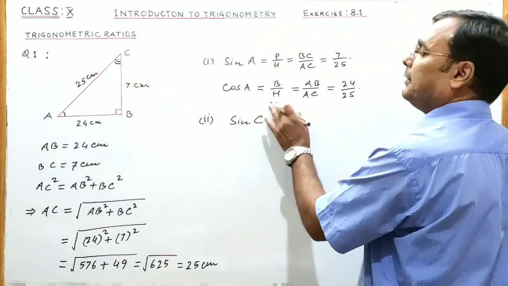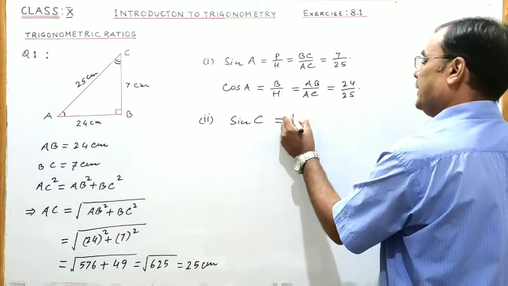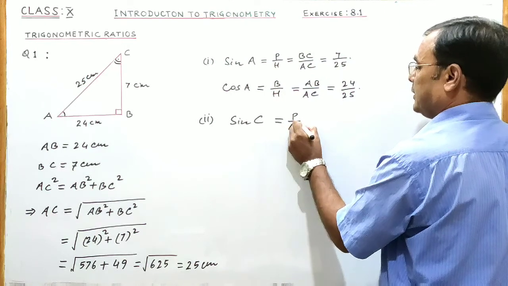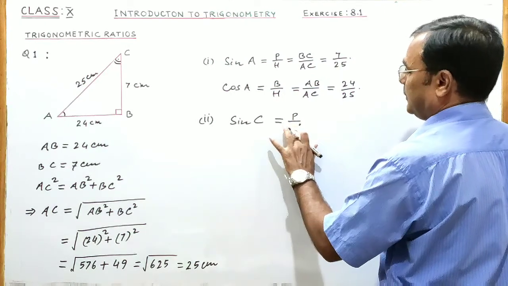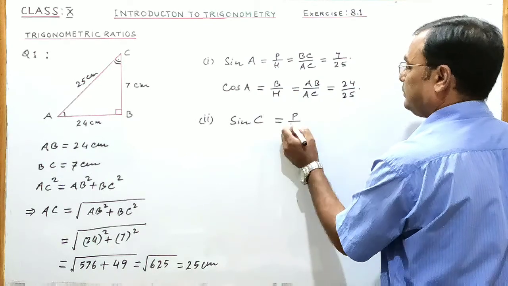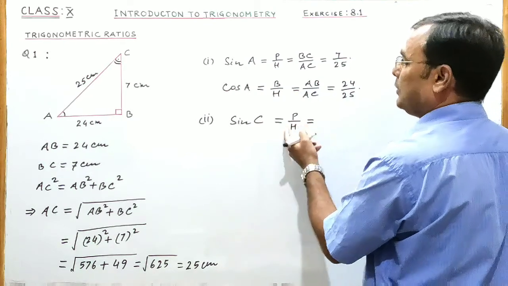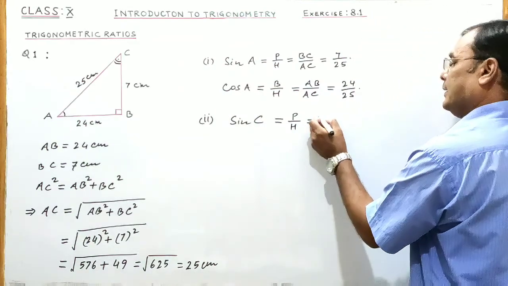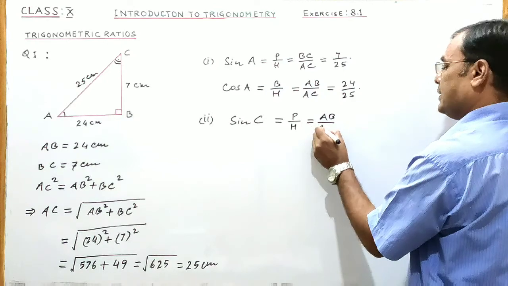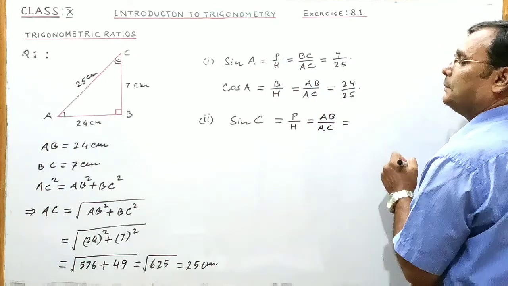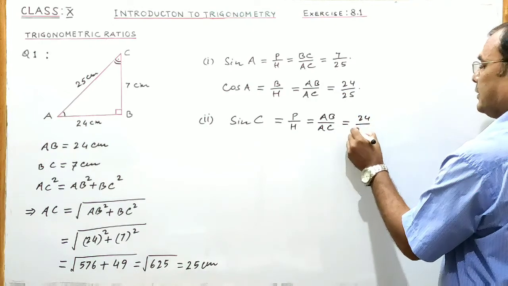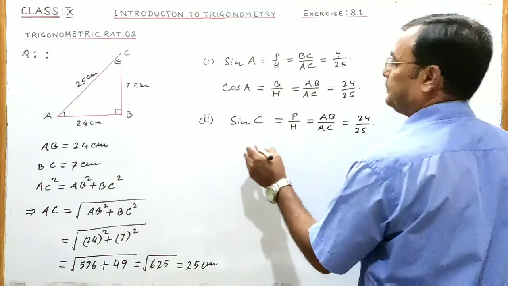So sine is defined as perpendicular by hypotenuse, P by H. So perpendicular for acute angle C is AB and hypotenuse is AC as usual. So 24 by 25.